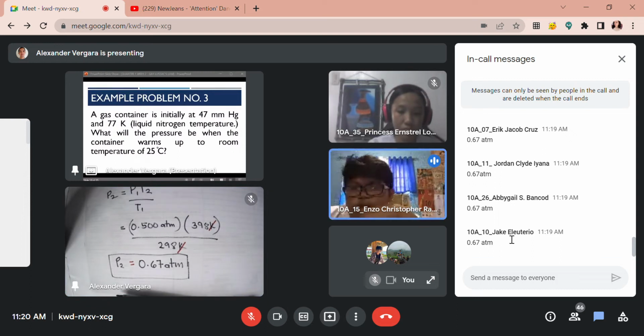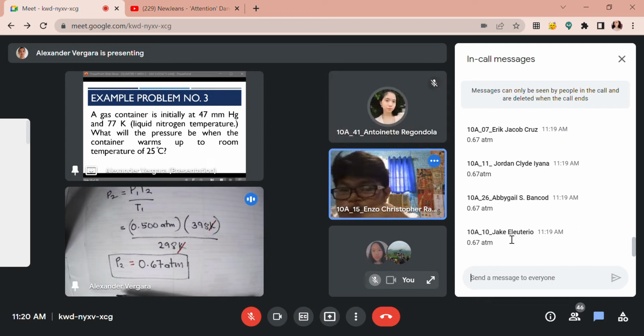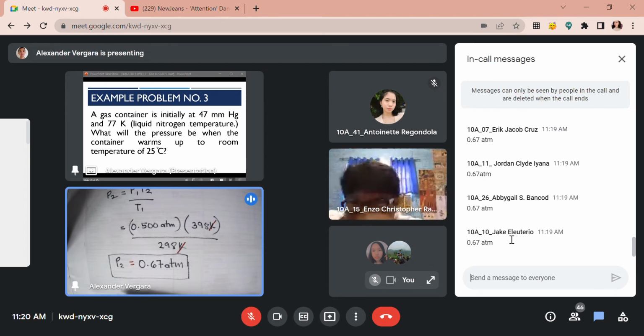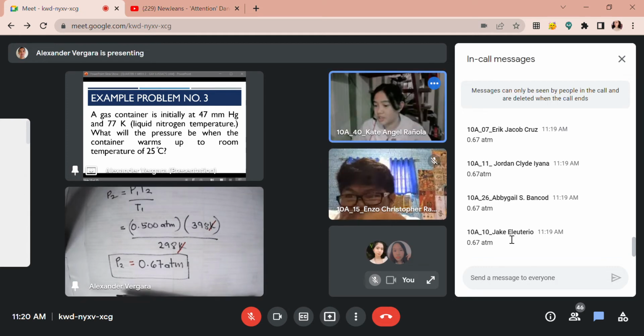A gas container is initially at 47 mmHg and 77 Kelvin. When we say mmHg, what is mmHg? Millimeters of mercury. Very good.